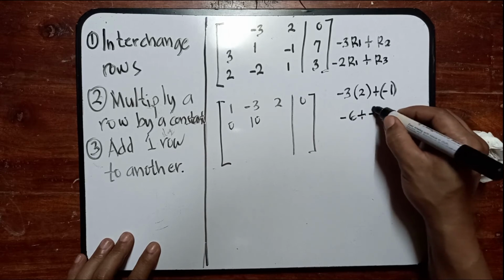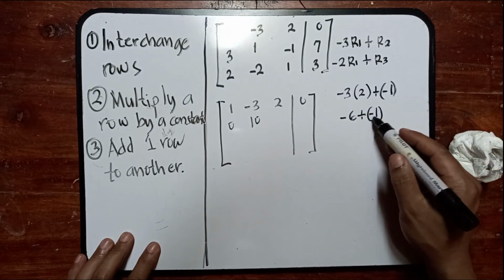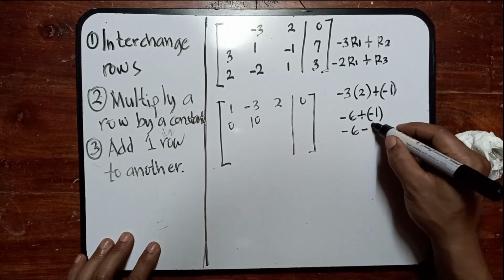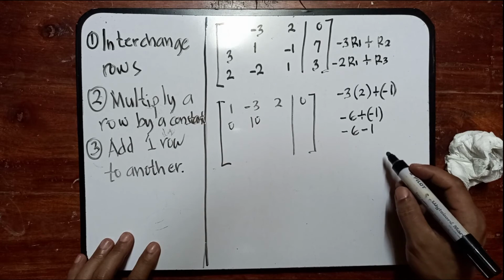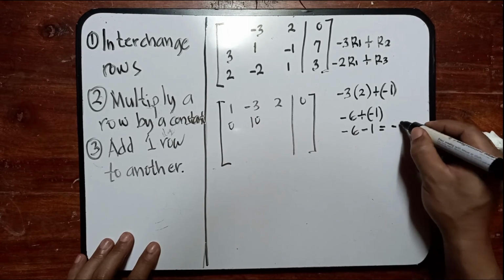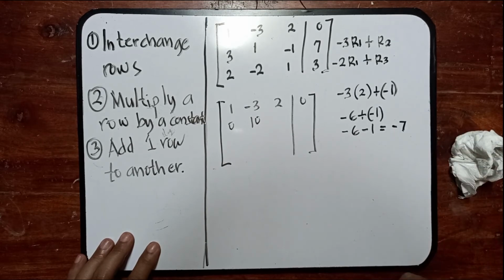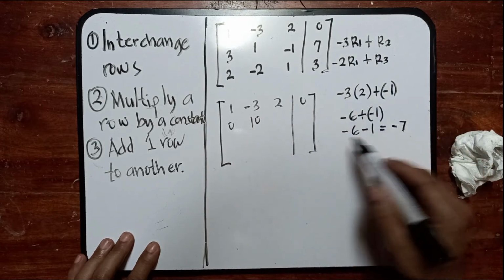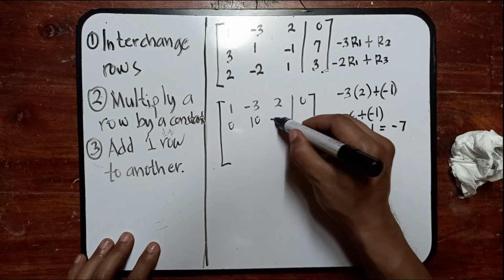Plus negative 1, this becomes minus. So negative 6 minus 1, then this becomes negative 7. So we have here negative 7.